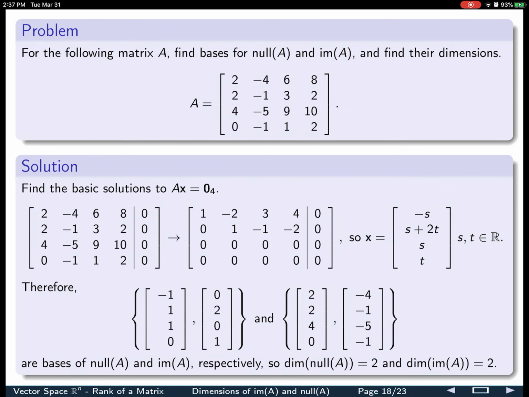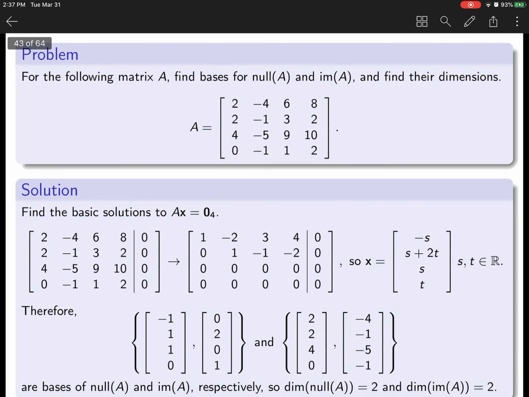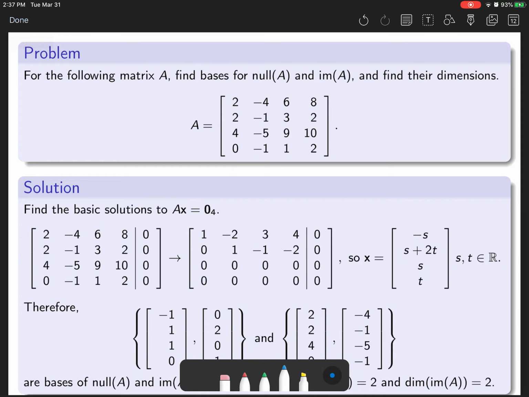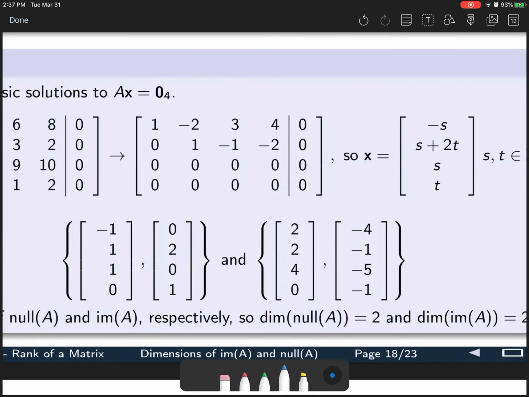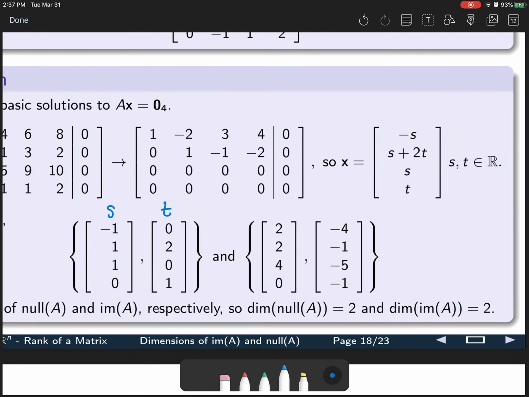So here we go. We have our two null space vectors coming up here first. This vector corresponds to the parameter s. This vector corresponds to the parameter t.